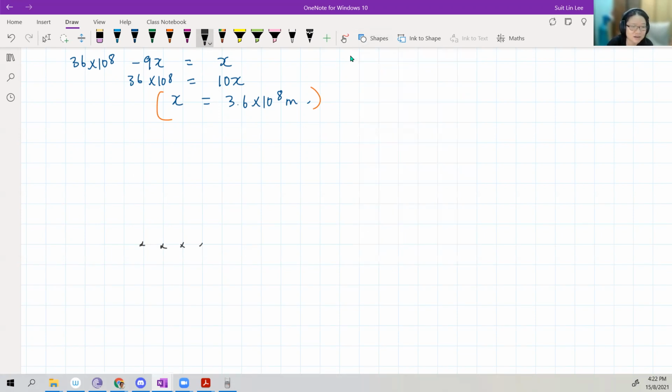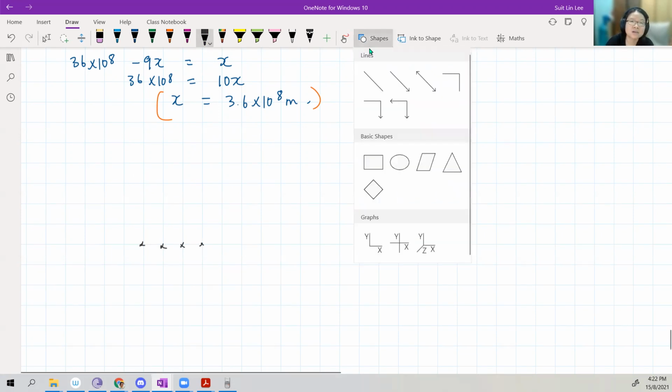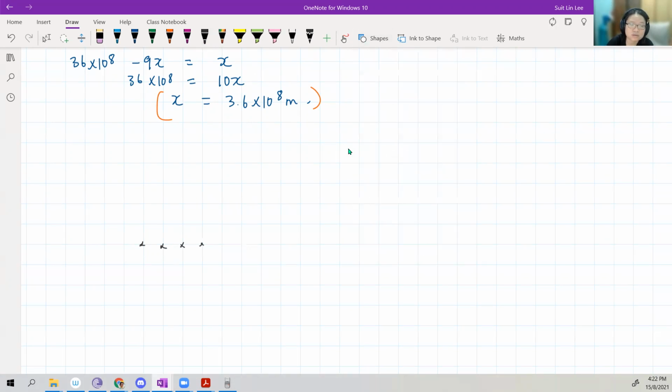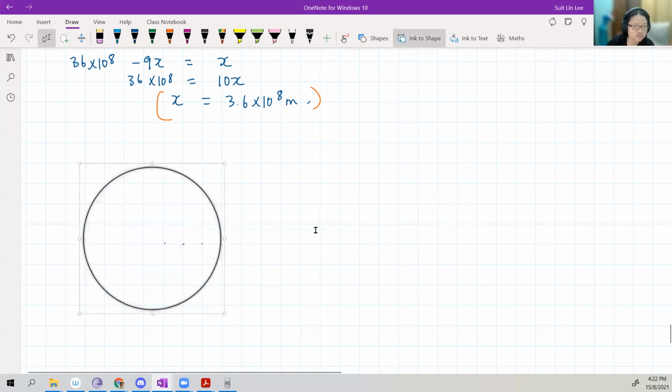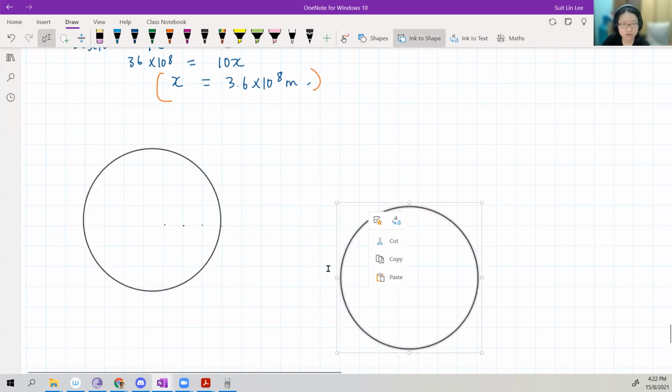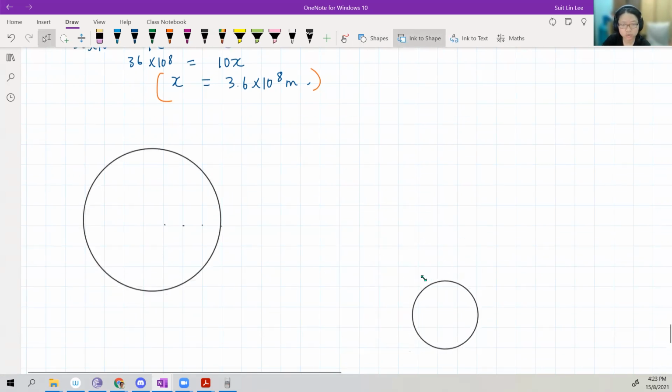But okay, it's about 4 times. So let's assume this is the radius. The radius is 4. It's very big. Something like this. So this is the Earth-ish, kind of. And then somewhere here we have a moon, where the radius is about 1.